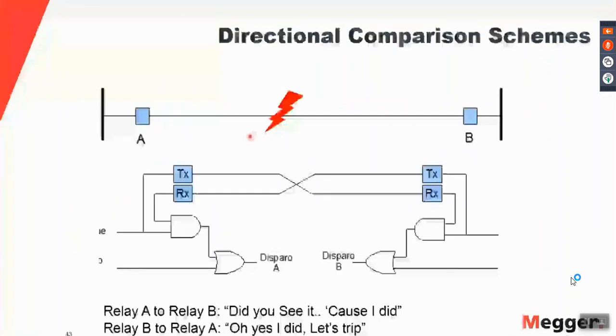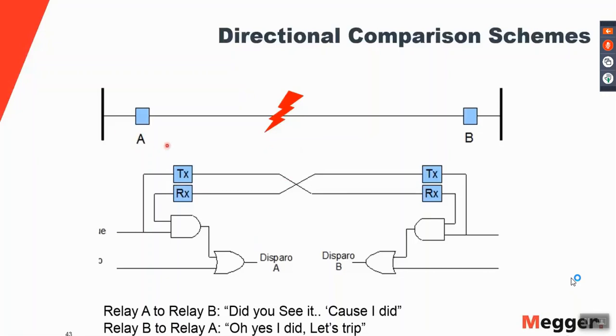Now, I wanted to talk at the end about directional comparison schemes. Distance protections are usually used as part of schemes in order to improve the behavior of the system and prevent the nuisance of bad tripping. Essentially, directional comparison schemes, what they do is you have several relays looking into a line, and both relays see the fault somehow, and they talk to each other somehow.